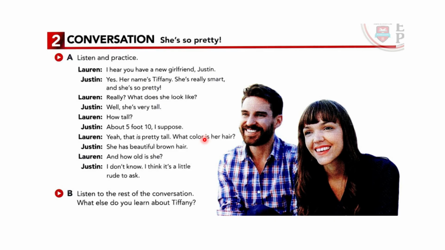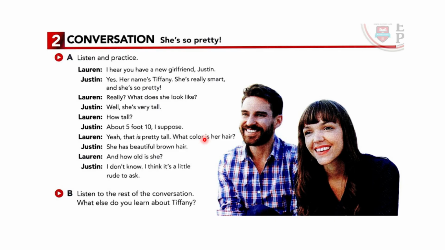I hear you have a new girlfriend, Justin. Yes, her name is Stephanie. She's really smart and she's so pretty. Really? What does she look like? Well, she's very tall. How tall? About 5 foot 10, I suppose.